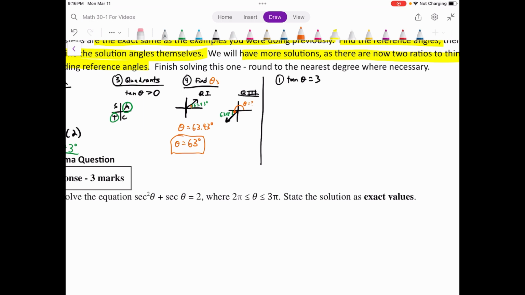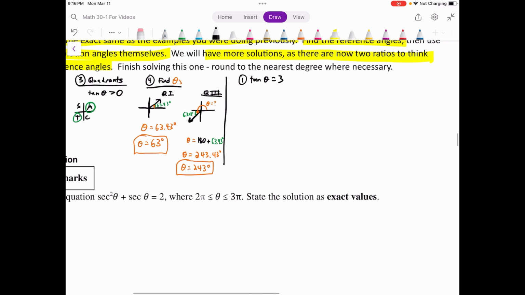We've gone past 180 by 63.43 degrees. So this theta will be 180 plus 63.43 degrees, giving us that the angle is going to be 243.43 degrees, or to the nearest degree like it asked for, 243 degrees. We'll list all our answers neatly at the end, but I'm just putting boxes around them as we go so I don't lose them. Okay, there we go.